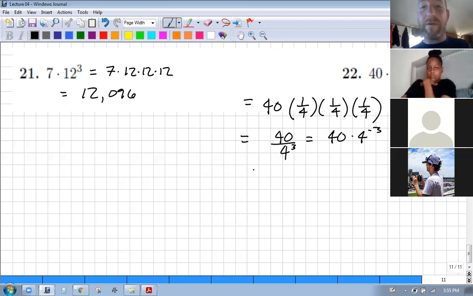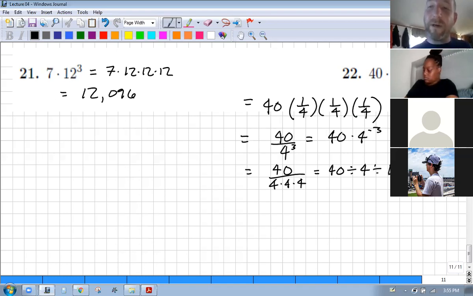But however you want to write it, we have a 40, and then we're dividing by 4 3 times. 40 divided by 4 divided by 4 divided by 4 is 0.625.